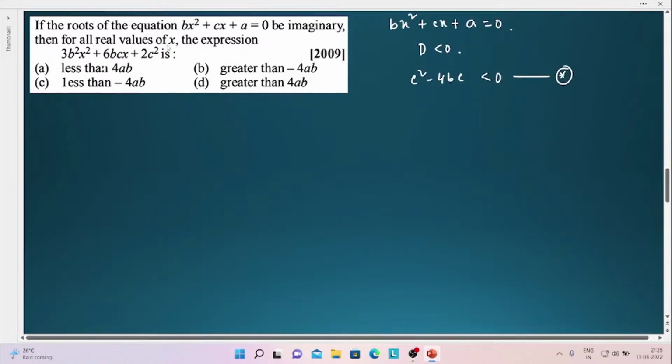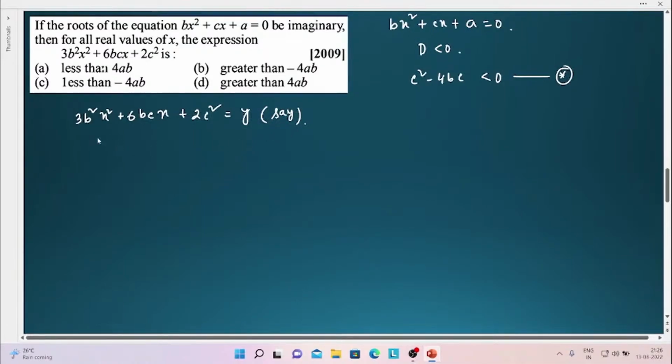Let me see what else it says. Then for all real values of x, the expression is whether less than 4ab, greater than 4ab, whatever it may be, right? So here the expression is 3b square x square plus 6bcx plus 2c square. So this is also an expression. Let me call this expression y.